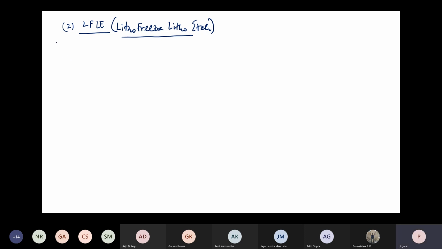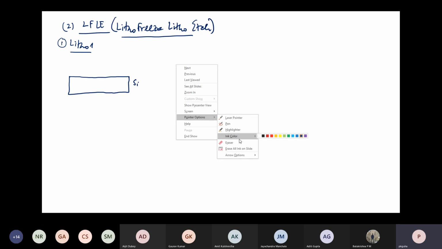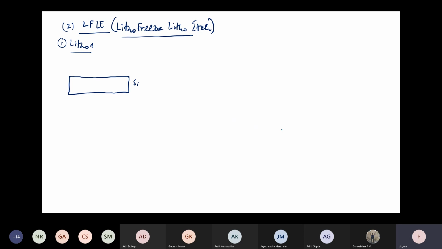So let's start with step number 1, that is litho 1. In litho 1 we will have a silicon substrate or silicon wafer. On the silicon wafer you grow or deposit your silicon dioxide.